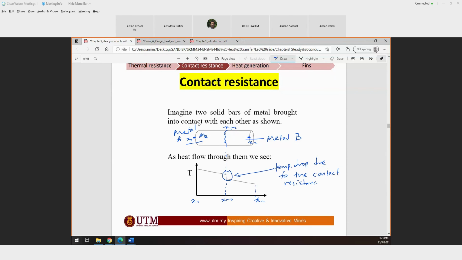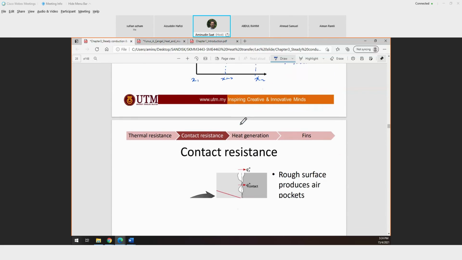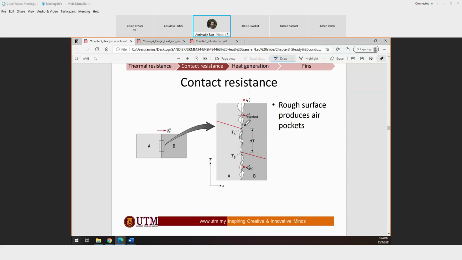Why? Because when you combine two different metal objects, there is a possibility of another material within these two metals.